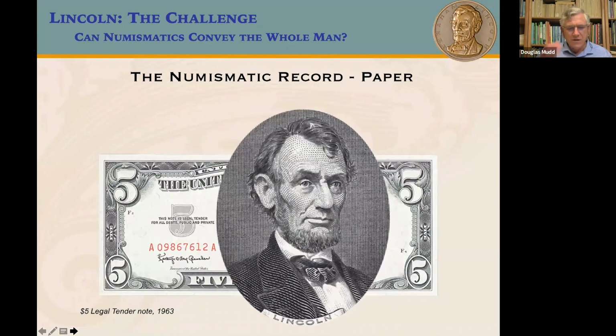The $5 legal tender note of 1963 has very much the same look, with some variation, but not much.